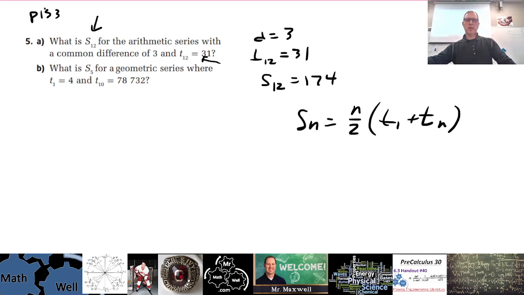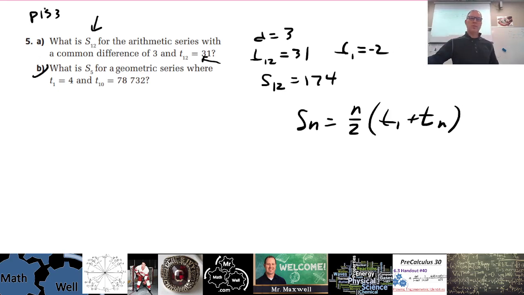So you just plug things in. N is 12, T1. Did you have to find out T1 separately then for A? Okay, so you find out what T1 is, you could work backwards from 12. There would be 11 steps of 3 to go back. So what was T1 in your calculation for A? -2. Okay, good. So T1 is -2.